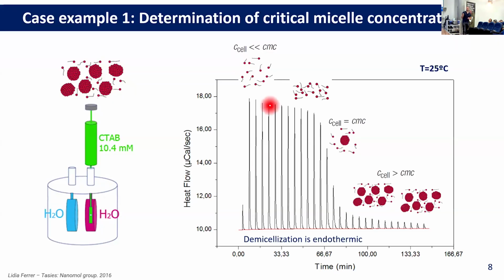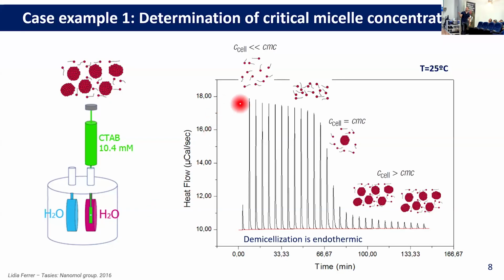You know that micelles form when the surfactants in a system reach this critical micelle concentration. An experiment to know the CMC is one where we have our micelles in the syringe, and then we inject them into the sample cell. As we're injecting, of course, in the sample cell the concentration is going to be much lower, and so they're going to be breaking these micelles.